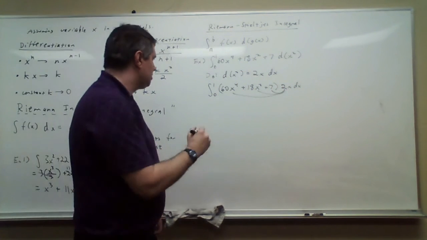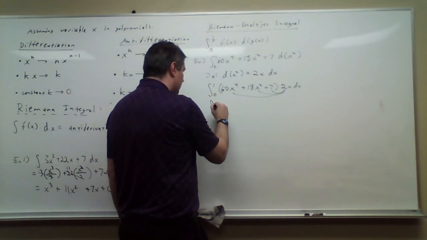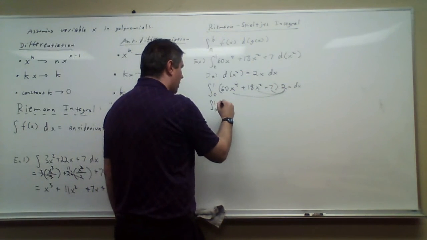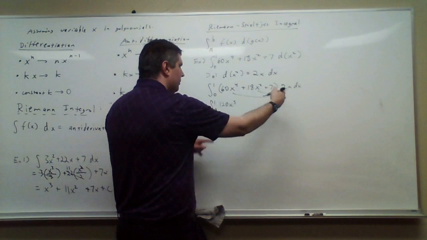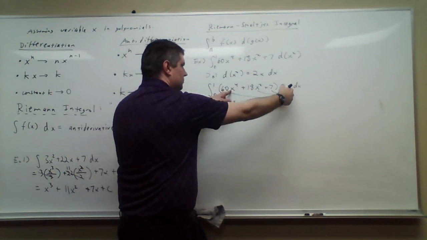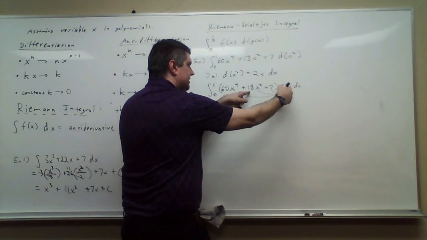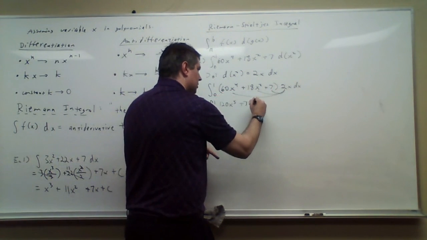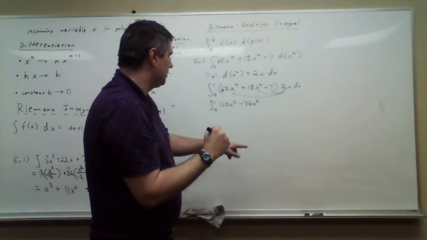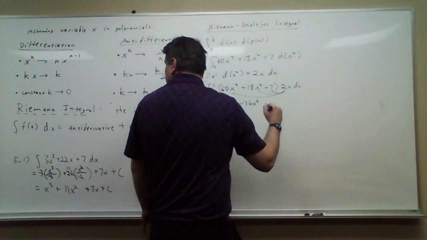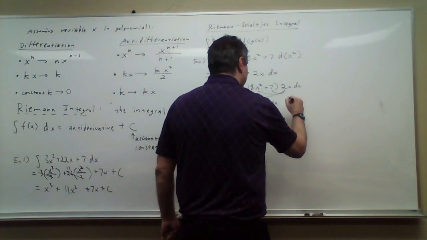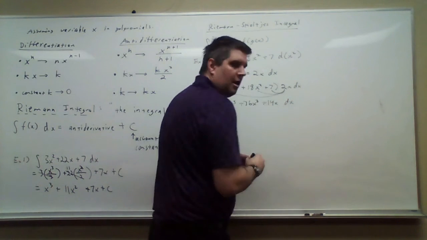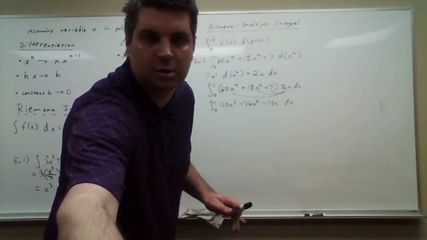So you'll have the integral as x goes from 0 to 1 of 120x to the 5th plus 36x cubed plus 14x. And then you'll keep the dx. I'm going to pause for just a moment.